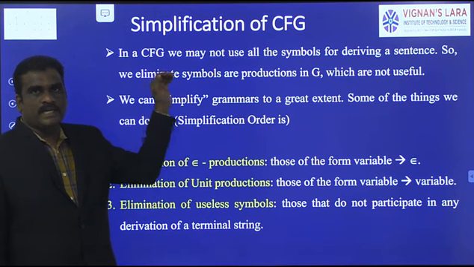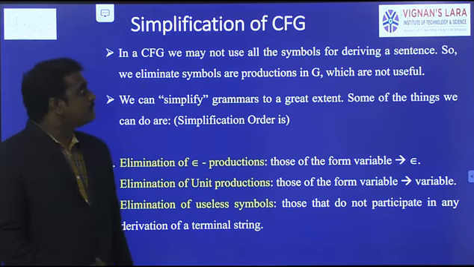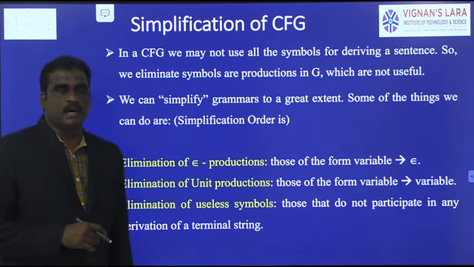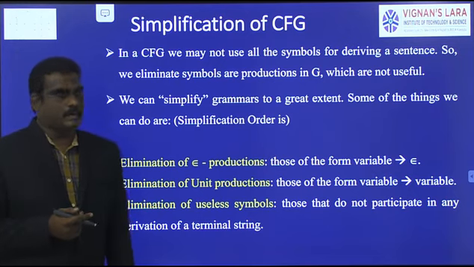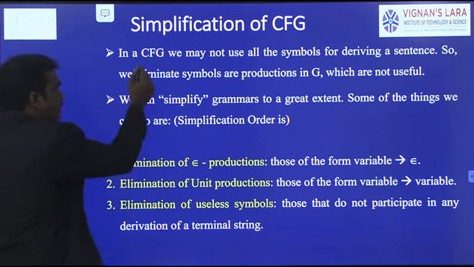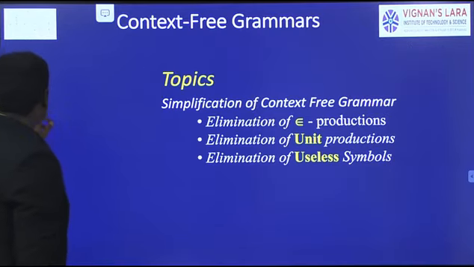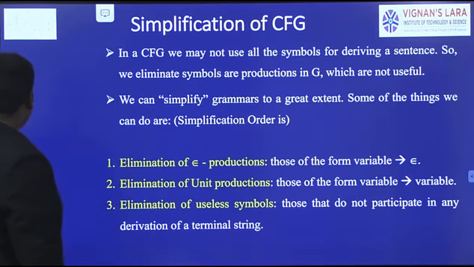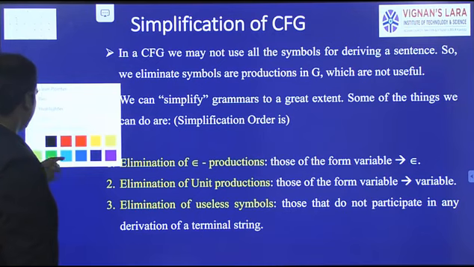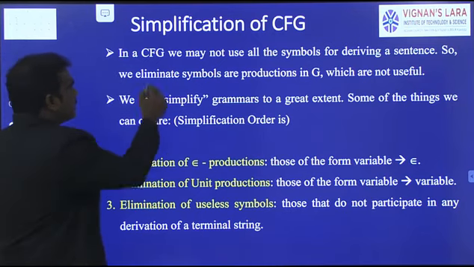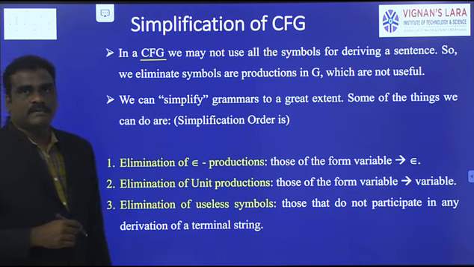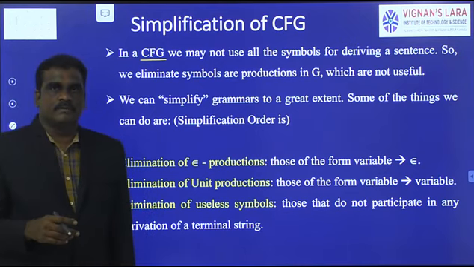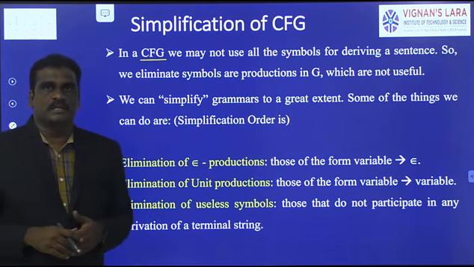Now, what is meant by simplification of context-free grammar and how do we simplify it? Suppose you take any context-free grammar. All of you know that a grammar means a set of productions. A production is a combination of symbols.